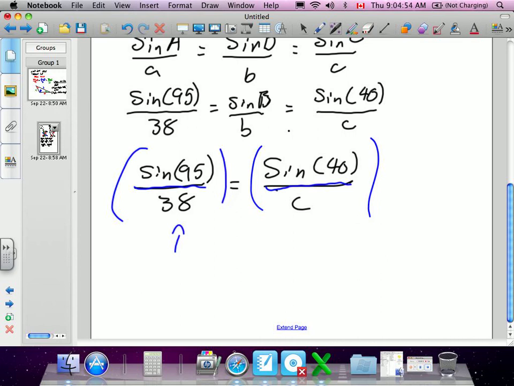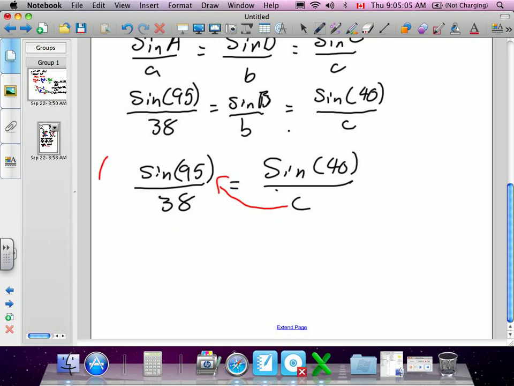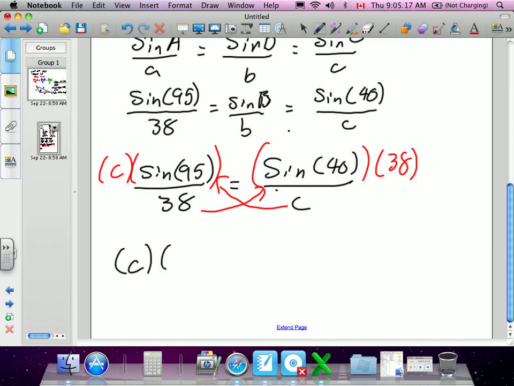So when I cross multiply, I'm going to be moving the C over to this side of the equation, so this side will now be multiplied by C. I'm going to move 38 over to this side, so this side will now be multiplied by 38. So it's going to look like this: C times sine 95 is equal to 38 times sine 40.